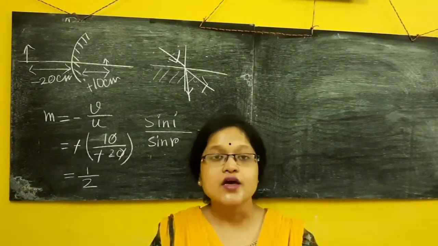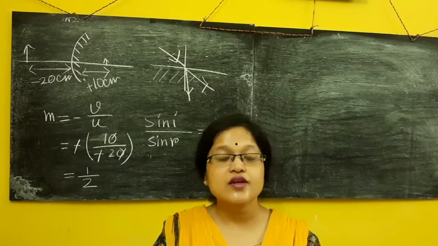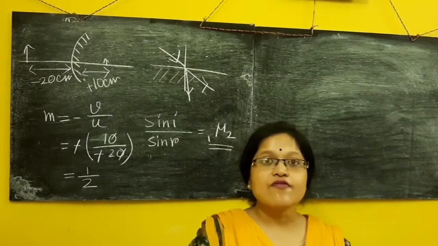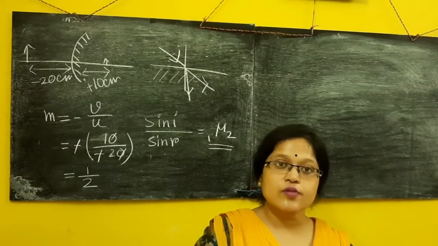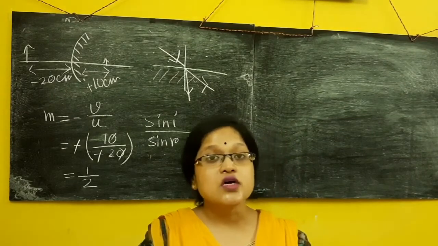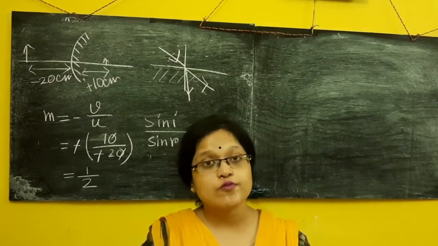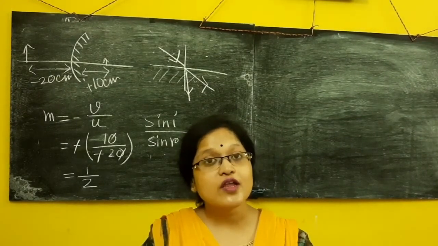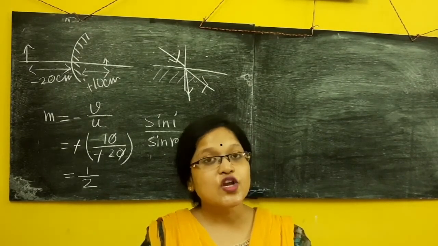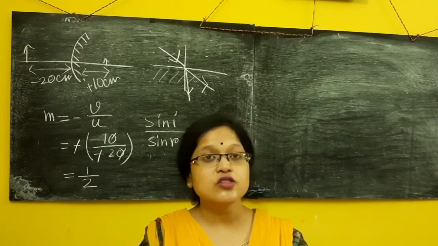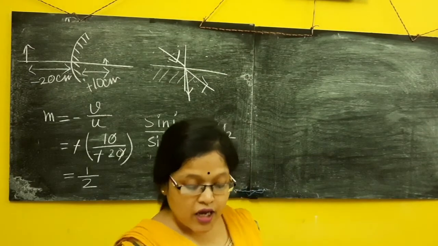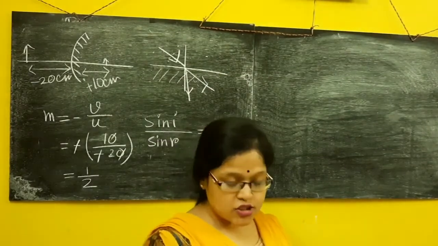And the color of light: if I am taking violet light, the refractive index of those two media will be something, and if I have red light, the refractive index will be something else. Why? Because depending on the color of light, the wavelength will be different. Different wavelength means different speed of light, and depending on the speed, the refractive index will also be different. Clear? So these are the constants in Snell's law.